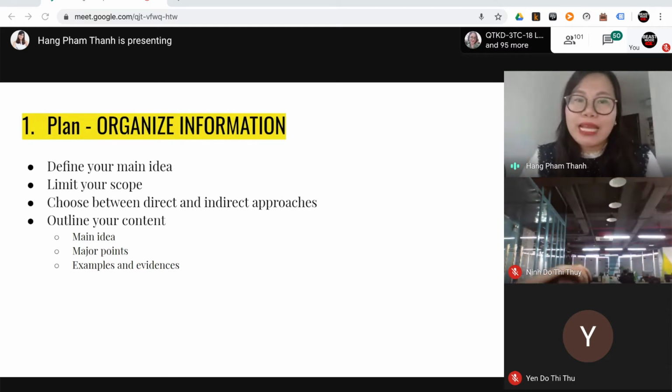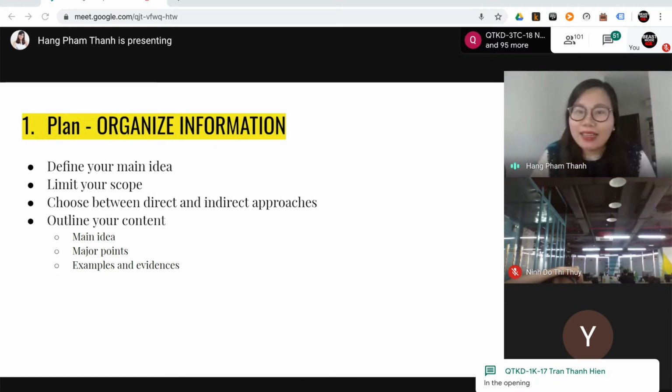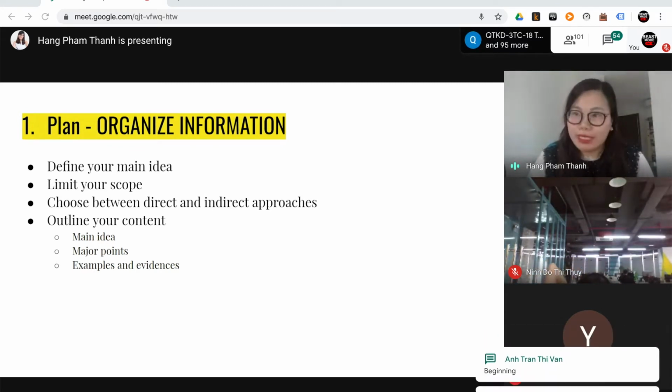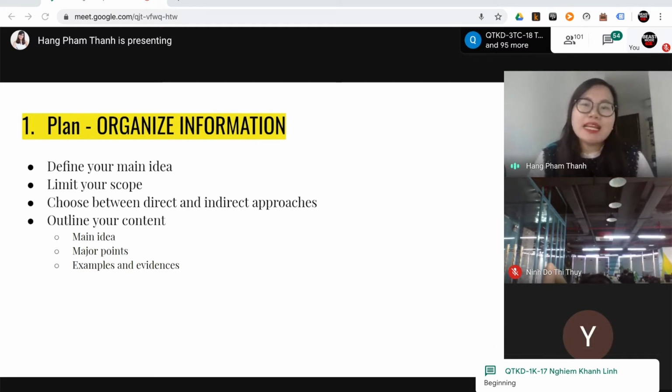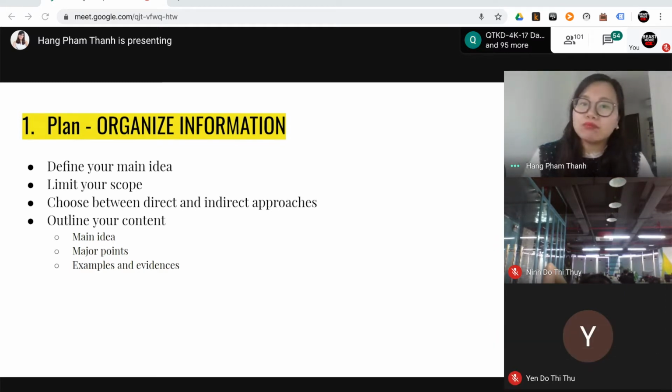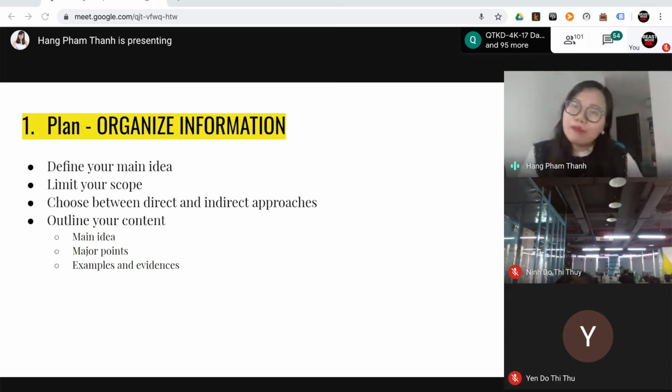Where will we place the main idea? Is it at the beginning or at the end? Yeah, in the opening, right? At the very beginning, we go directly into the main point, which is different from the indirect approach. The indirect approach, we may put it in the middle or at the end, right?